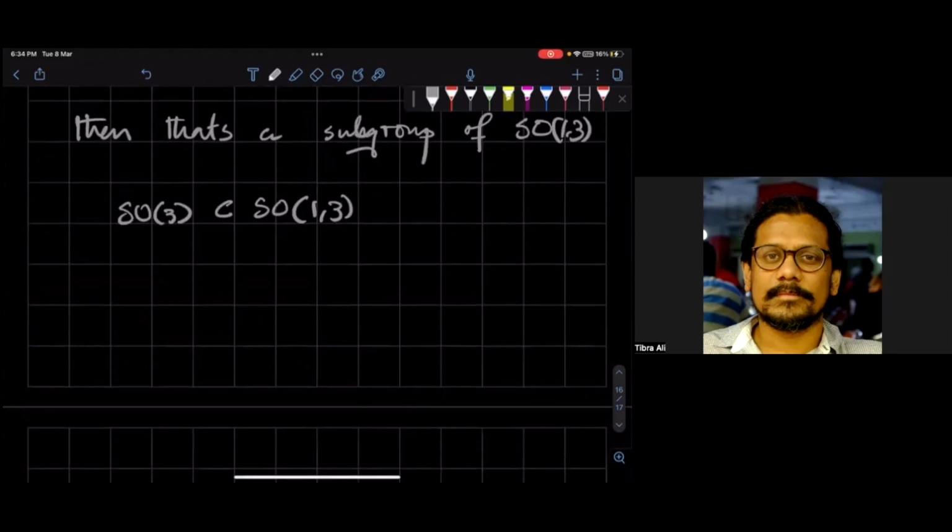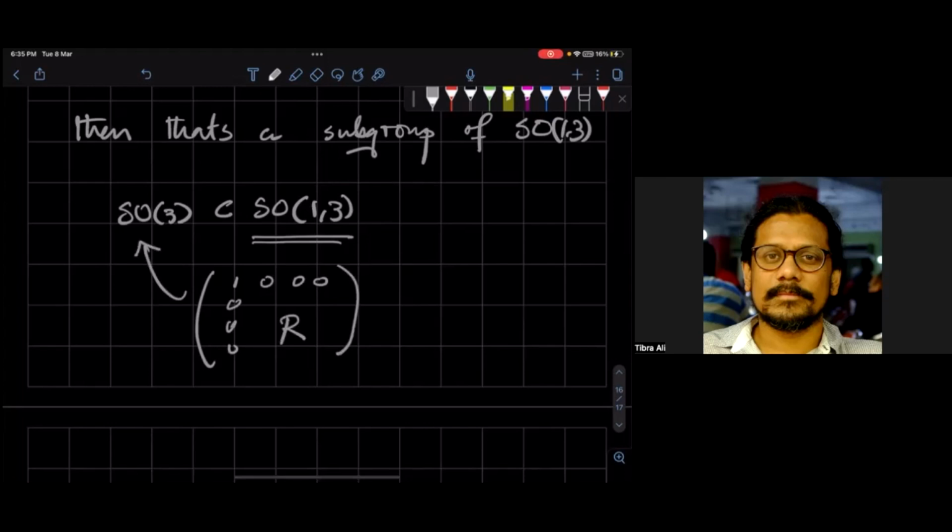So all the matrices of SO(1,3) where the time component is 1 form SO(3), right?